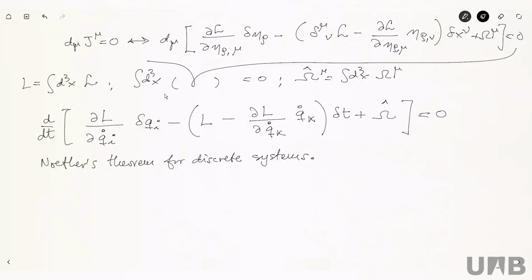Any questions about this before I move to an example in which we start with a Lagrangian, compute equations of motion, and also compute the Noether's theorem associated to a certain symmetry? Just one example.